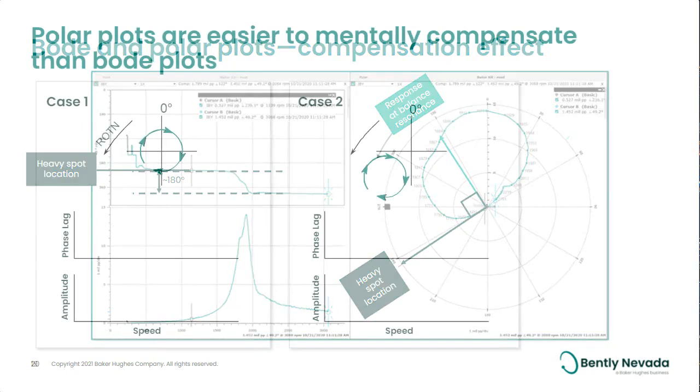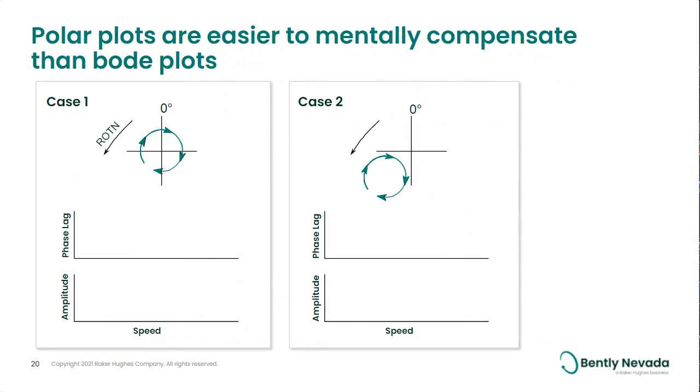Again, I have here 2 more examples of why a polar plot is easier to mentally compensate than a Bode plot. In case 1 here, where your polar plot basically makes a circle that's equidistant around the origin, your amplitude is going to be a straight line, and your phase lag is going to be, I'm sorry, not a sinusoid, but a big drop like that. You may not even think there is a resonance there, right?